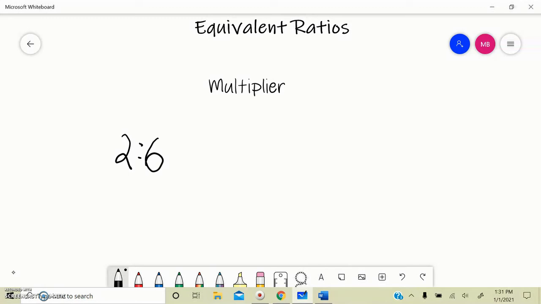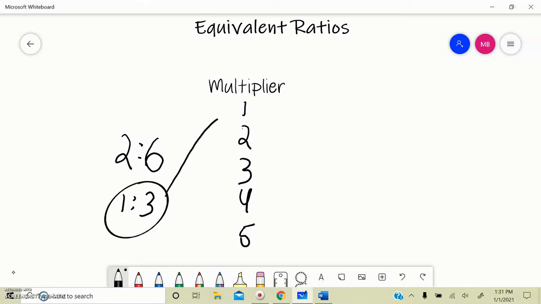Well, we know that 2 and 6 can get broken down because they both can have a 2 taken out of them. So we can divide both of them by 2, and we would get 1 to 3. And 1 to 3 is now going to become our base ratio.